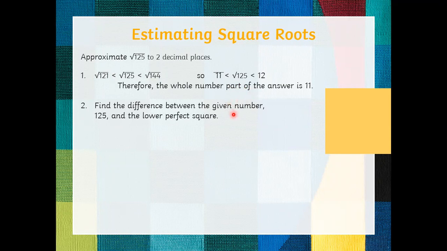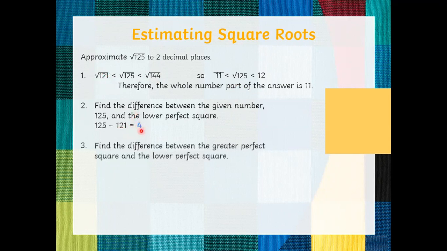Find the difference between the given number 125 and the lower perfect square. So 125 and the lower perfect square is 121. So that gives us 4. And then find the difference between the greater perfect square and the lower perfect square. The greater perfect square is 144 and the lower perfect square is 121. That gives a difference of 23. And then we are asked to estimate or round 4 over 23 to 2 decimal places.